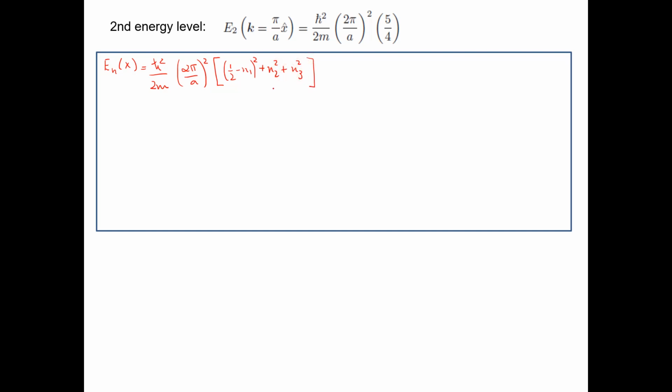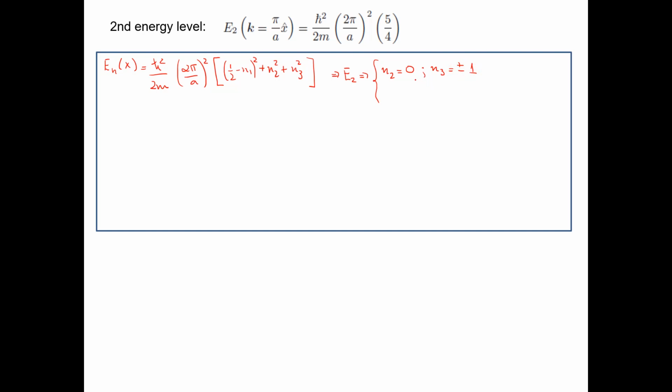And for the second lowest energy level, we have different cases to consider. So I think it's easy to see that E2 is obtained when we choose either n2 or n3 equal to 0, and the other one equal to plus or minus 1. That is, I have this case, n2 equals 0 and n3 equals plus or minus 1.